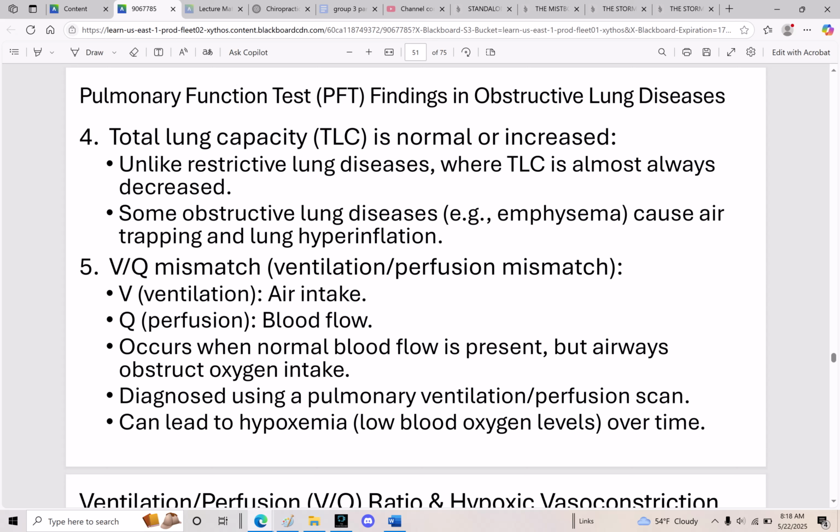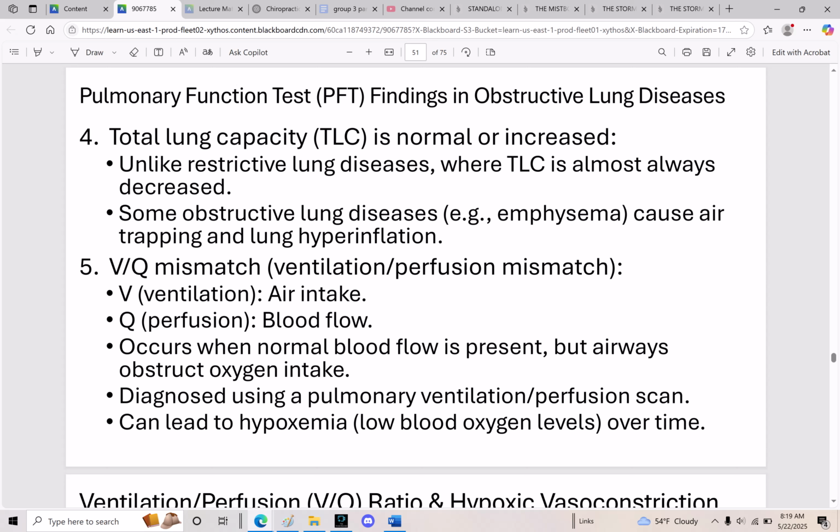Now, ventilation perfusion ratio or hypoxic vasoconstriction. That's the term for it. Remember I told you, in a normal physiologic condition, if the blood comes to a certain area in the lungs and finds that you don't have that much oxygen, it's going to vasoconstrict.